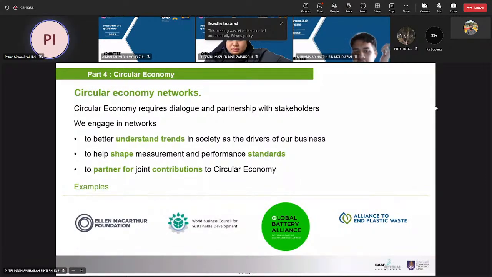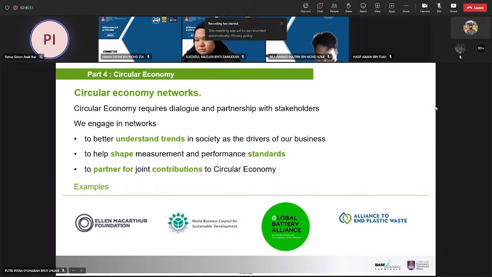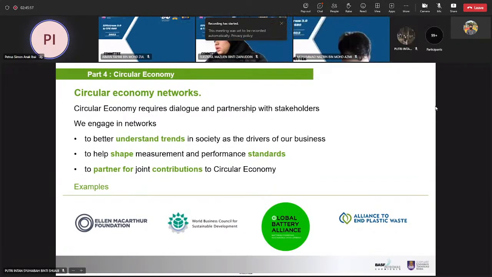Through the circular economy networks, this requires dialogue and partnerships with stakeholders. We engage in the networks to better understand the trends in society as drivers of our business, and also to help shape the measurements and performance standards. And of course, to partner for joint contributions to the circular economy.